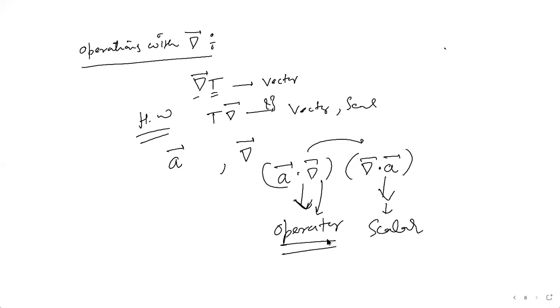Because you see, you have not fed anything to operate on here, right? You can feed anything to del in the way it needs to be operated in a proper fashion. But right now that doesn't happen. So it's still an operator. It's not anything scalar or anything.